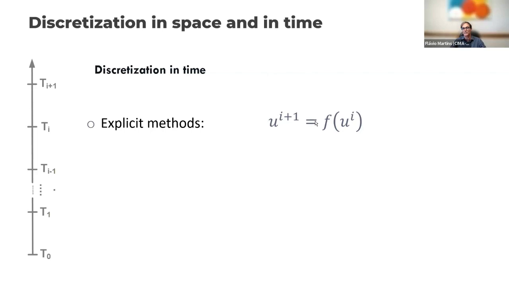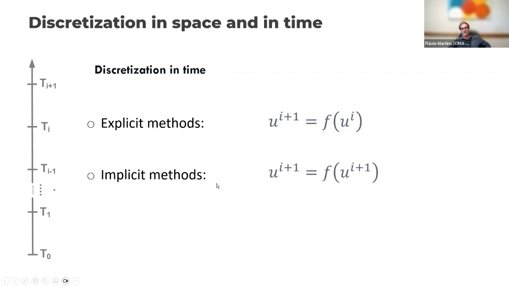It has some error, because I should compute this as a function of the new values of the neighbors also. So what I really should do would be to use an implicit method. In an implicit method, the new value of the property in every point is a function of the new value of the property on the neighbors.